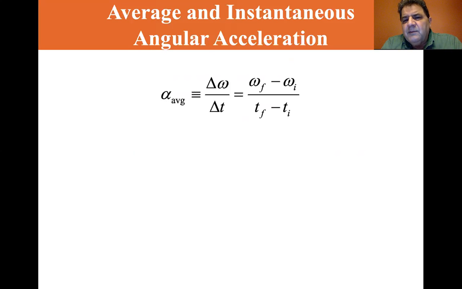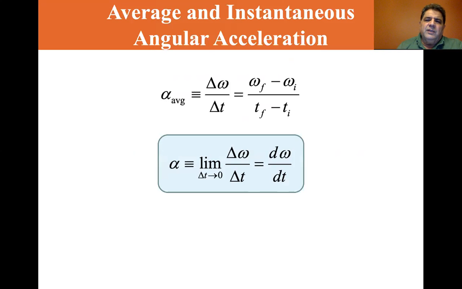So it's omega final minus omega initial, divided by t final minus t initial. That's delta omega over delta time. So the exact acceleration, the instantaneous acceleration, is the limit as delta t approaches 0 of delta omega over delta t, or d omega dt.